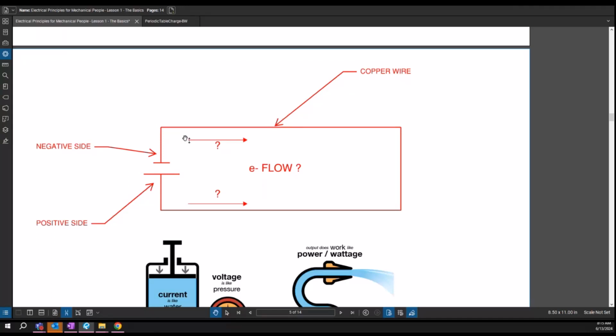If you have a negative side of the battery, which means you have a massive amount of negative electrons, right? Mm-hmm. Whenever you allow this to flow, meaning you close the circuit, it's all going to go from the negative side through the copper to the positive side. And whenever everything's equaled out, it's no longer going to flow and your battery's going to be dead.